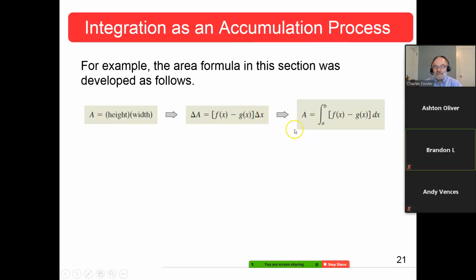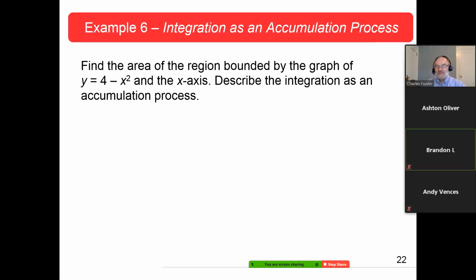Your area would be, rather than a summation of the deltas, an integration of the d's, okay, and that's going from a to b, the left-hand endpoint of x to the right-hand endpoint of x, of every one of these representative rectangles, f of x minus g of x, that's the height times the width, dx. And basically we're accumulating as well. They're not saying that. Okay, so let's move on.